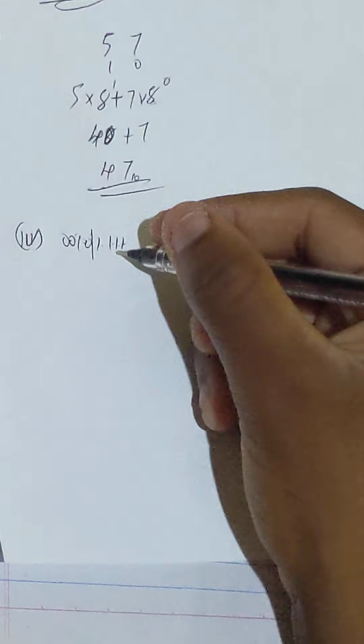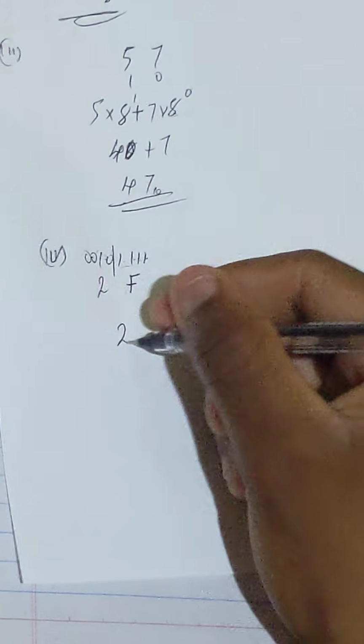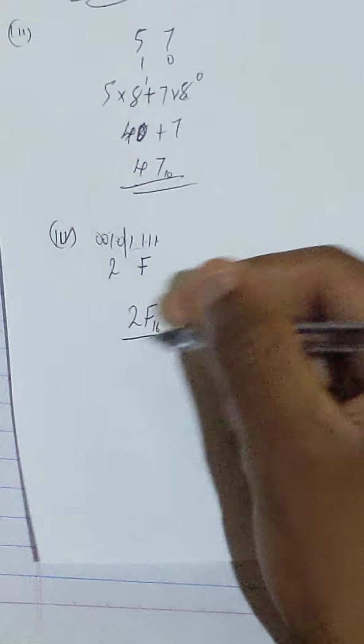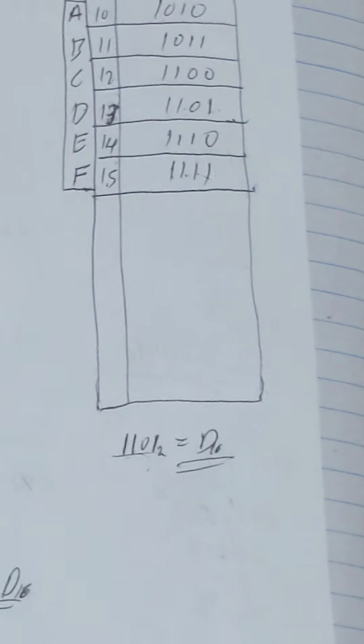And then this is F and this is 2, so you're going to say 2F base 16, and you're done. When you look at the conversions table, F is equal to this and 2 that, and you're done. That's how you do it. And that marks the end of this video. I hope you've learned a thing or two.